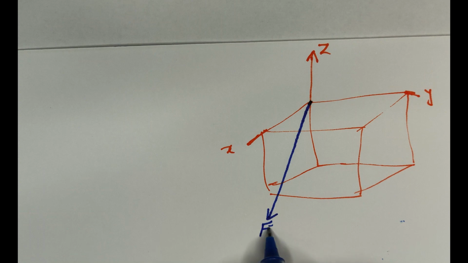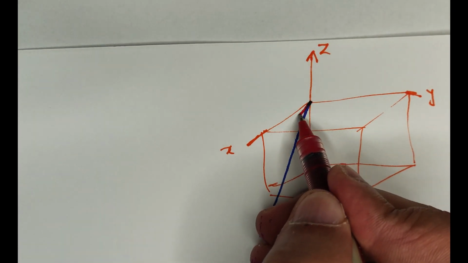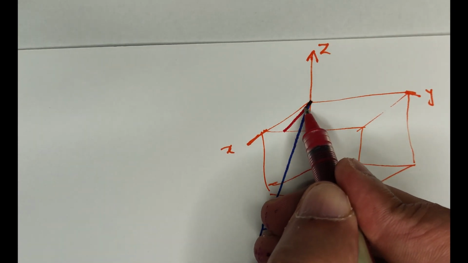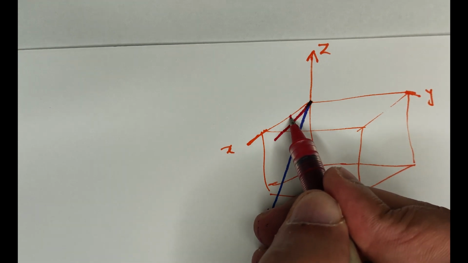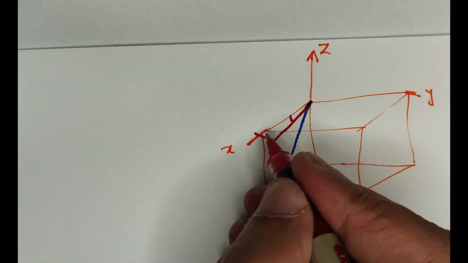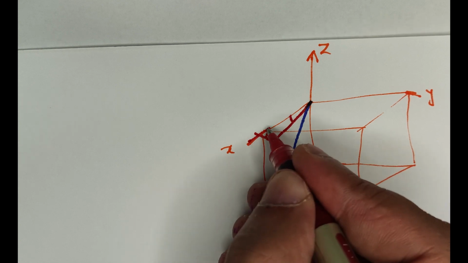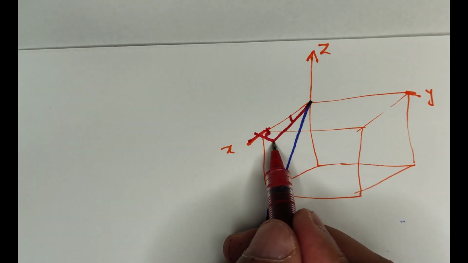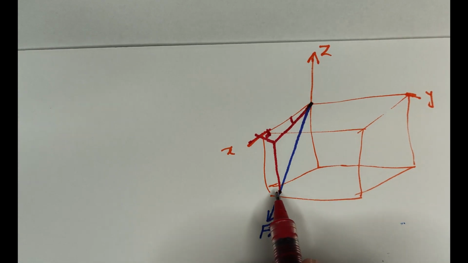This is F2, and I know also another component is coming out in this direction here, making a 30-degree angle with this one here, this making a right angle with the x-axis, and going down until it meets with this one here.